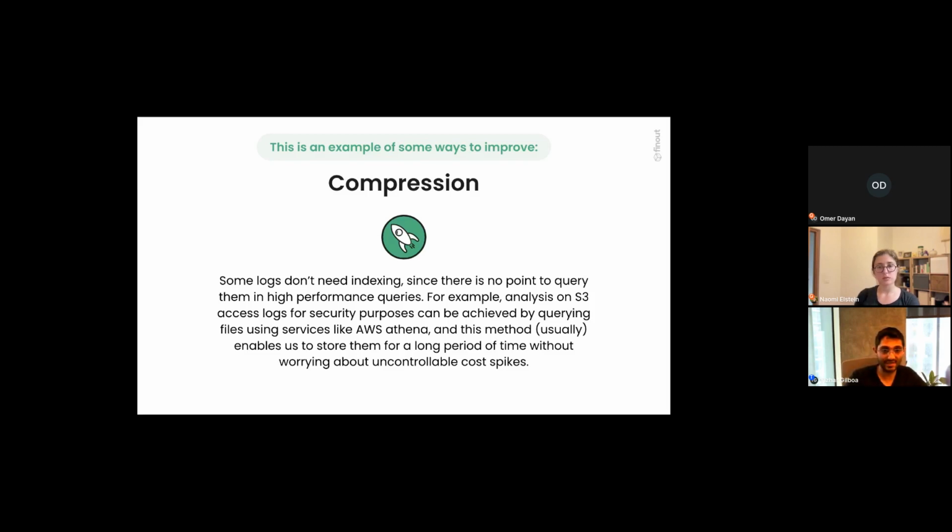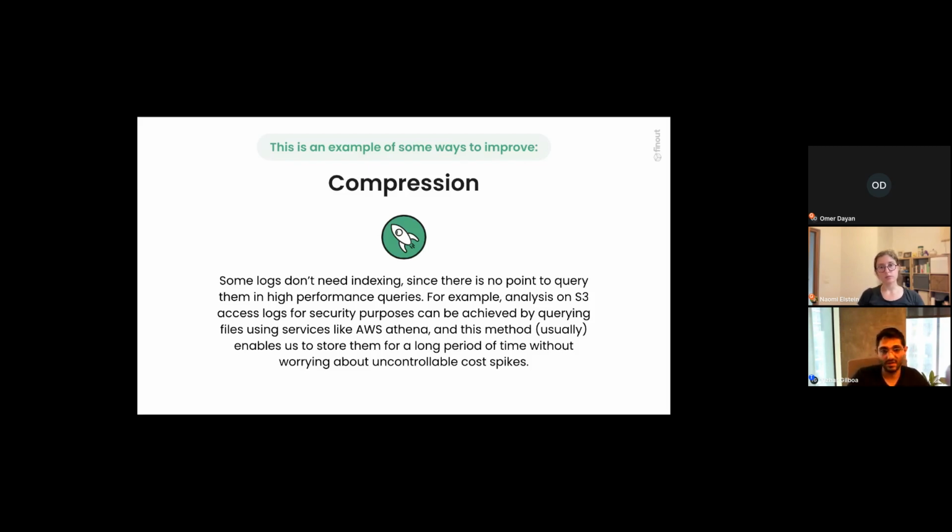We realized that we had a use case that required us to analyze a very large amount of logs, and we decided on the architecture that we want to tackle this, and eventually we decided not to index them on fast and expensive solutions, but rather we stored them on S3, and we are compressing them and querying them using services like AWS Athena that you might have heard of. And in general, it's a huge money saver if you want to have a very long retention period for the logs.